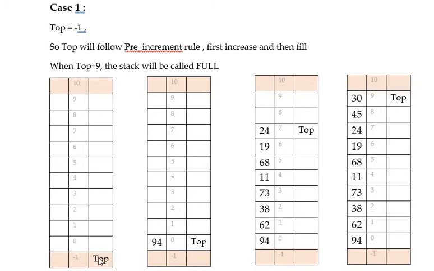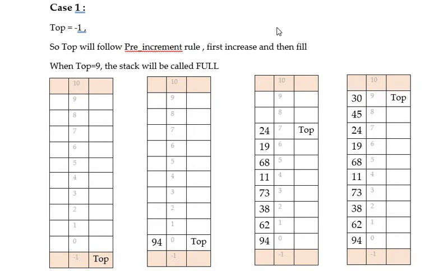If I start the value of top with -1, in that case, naturally -1 is not a valid cell number. Therefore, the entry will take place by first changing the value of top. That means at top, no element can be entered. So, the entry has to be done with the pre-increment rule.